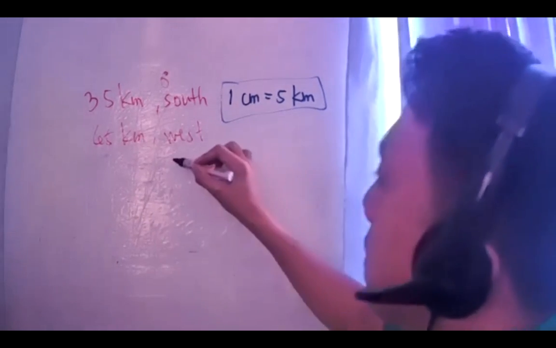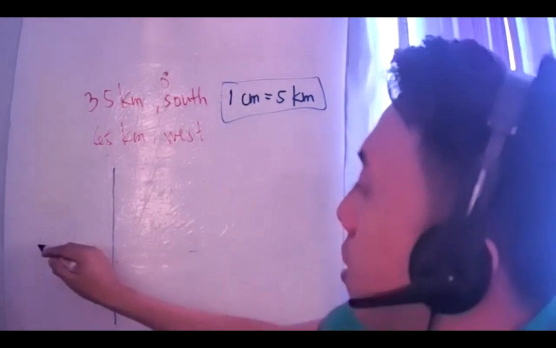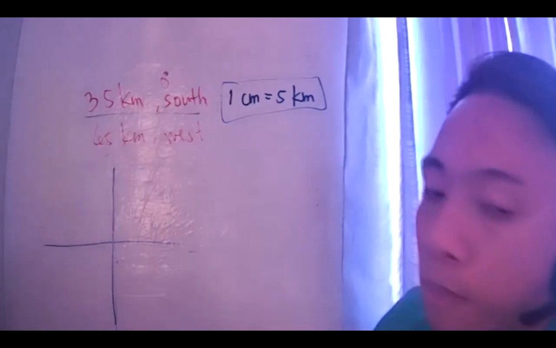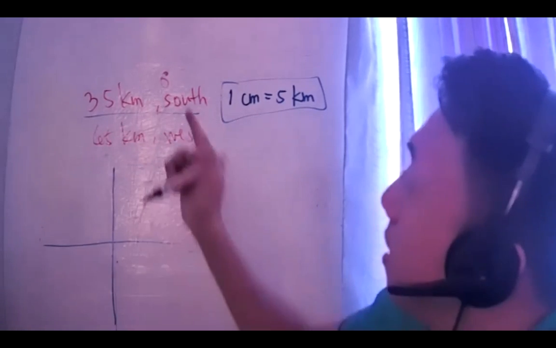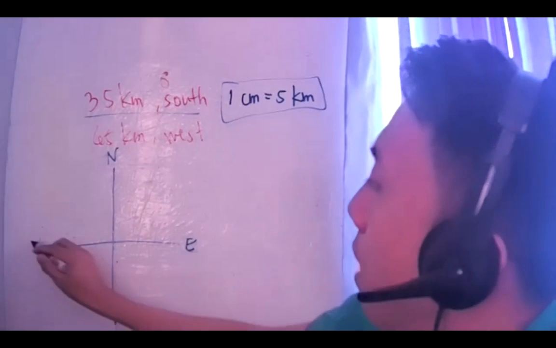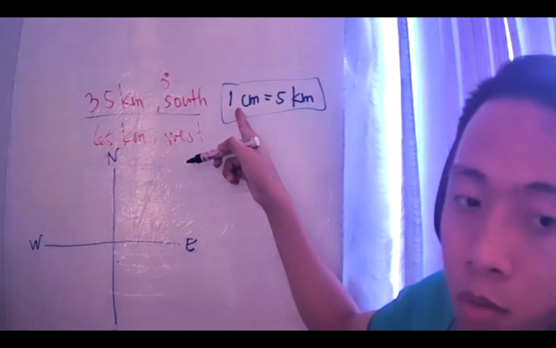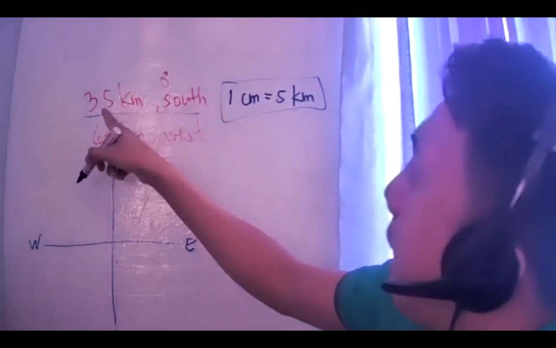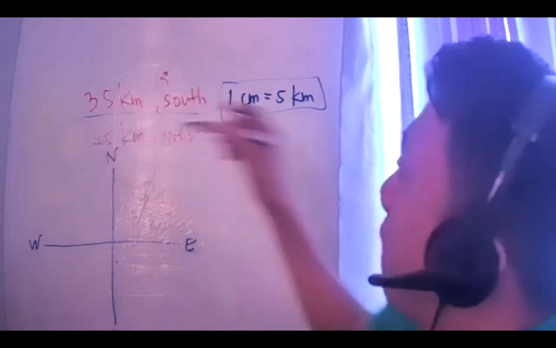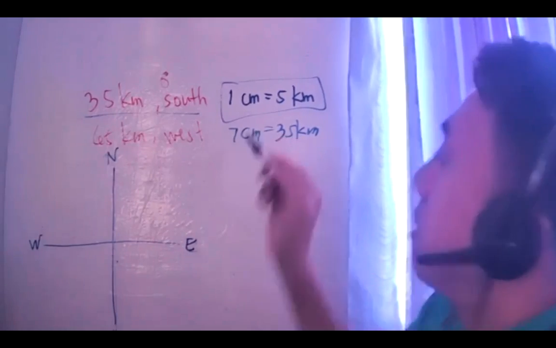So let us now draw a Cartesian plane. Ayan. So our first arrow or vector is 35 kilometers south. So this will be our north, east, west, south. Remember, 1 centimeter is equal to 5 kilometers. So if I will convert this one, 35 kilometers will become 7 centimeters.